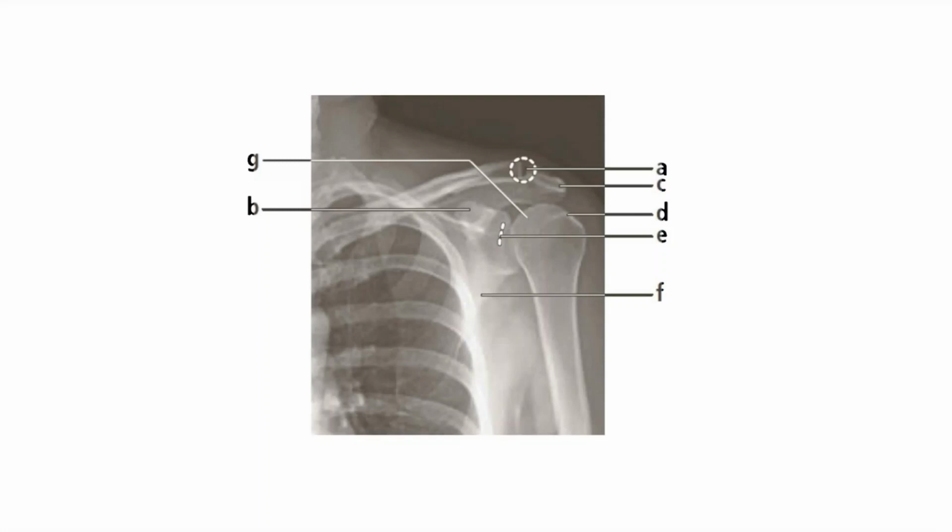Now let us mark the structures in this X-ray. What is A? A is acromioclavicular joint. B is coracoid process. C is acromion process.